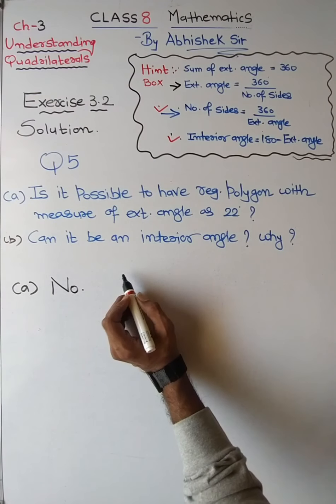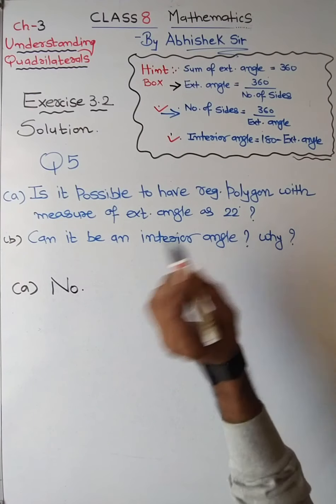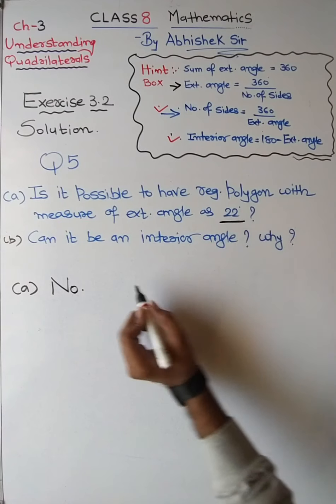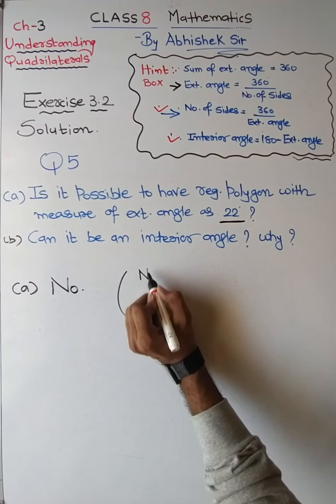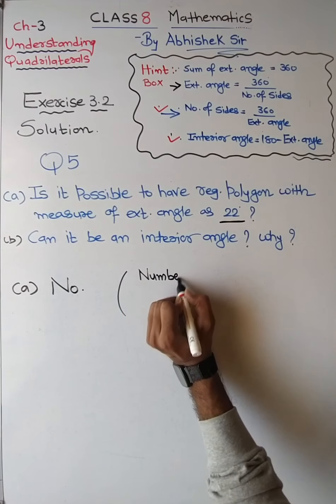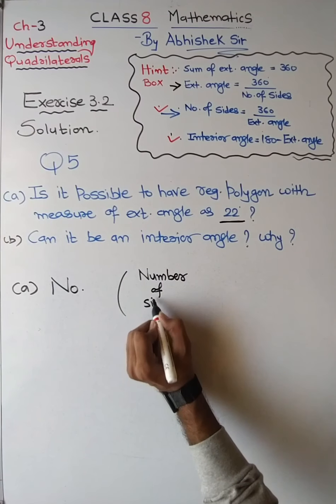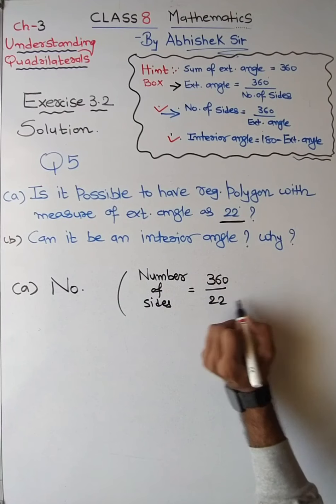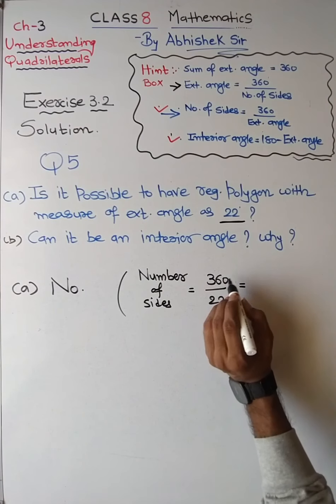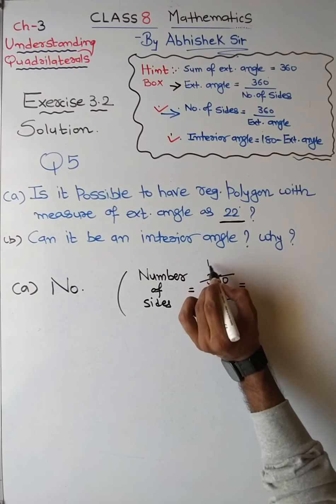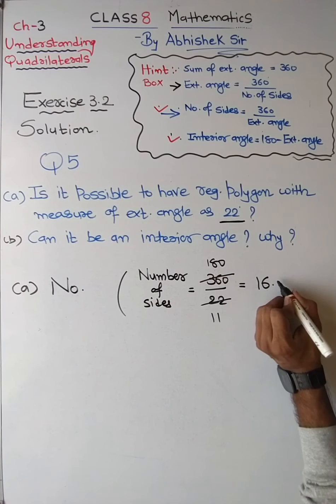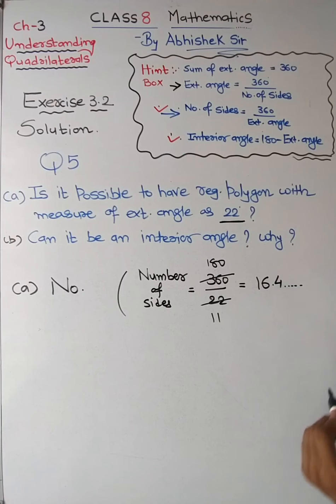If there is a regular polygon having exterior angle 22, then let us find out whether the number of sides is possible or not. In that case the number of sides will be 360 upon 22, and if you divide 360 by 22, it will be around 16.4 or something.